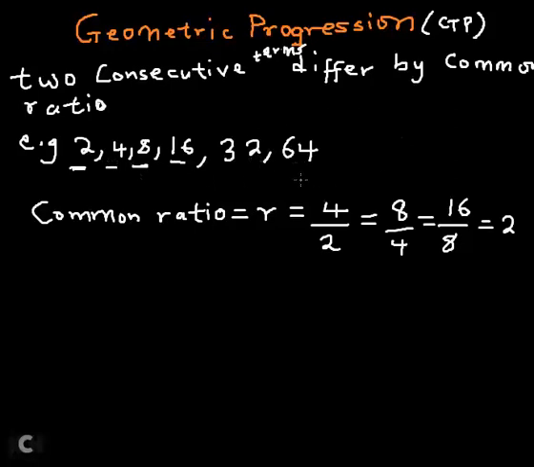Now, we can't keep adding or multiplying the previous term to get any term that we are looking for. For example, the next term should be 128. But what if we are asked to find the hundredth term? It will be so cumbersome to keep on multiplying the previous term by the common ratio to get to that particular term.